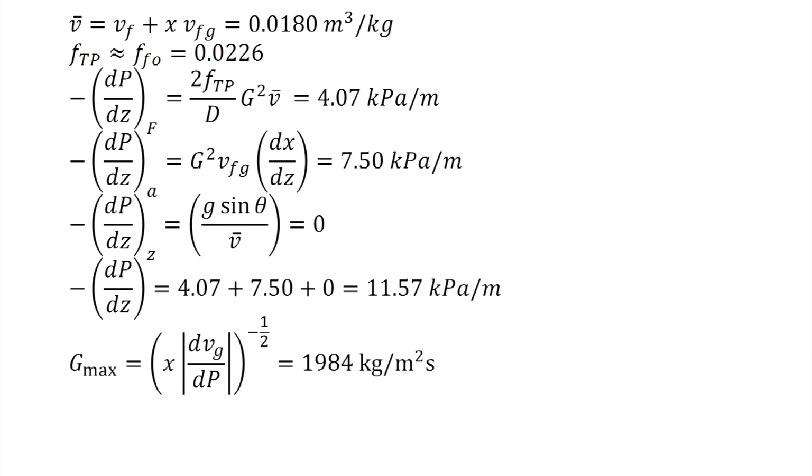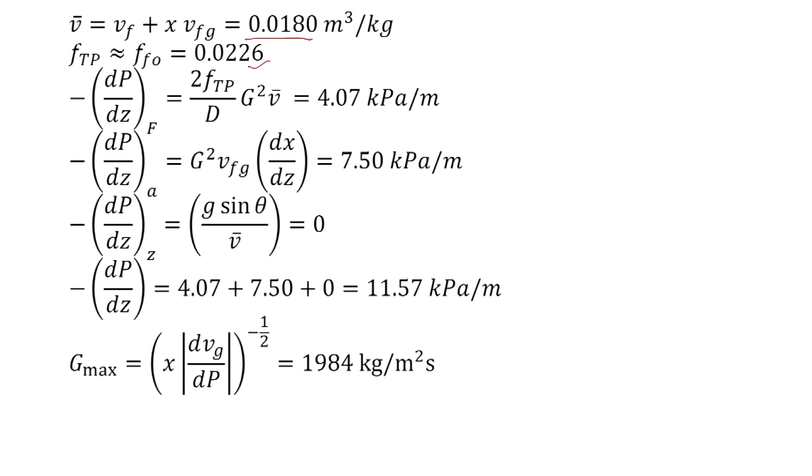The mixture specific volume V bar is equal to Vf plus x Vfg, and that we get as 0.0180 meter cube per kg. First, for simplicity, we assume FTP to be approximately equal to FFO, which is equal to 0.0226, and then later on we will estimate FTP and do the calculations once again and compare.